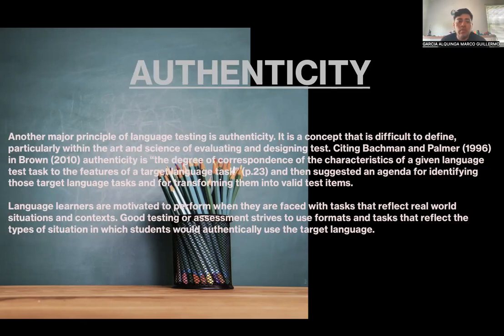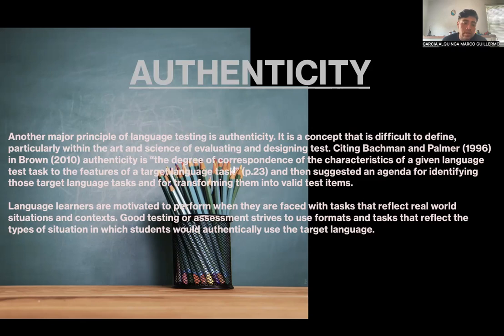Authenticity. Another major principle of language testing is authenticity. It is a concept that is difficult to define, particularly within the art and science of evaluating and designing tests. Citing Bachman and Palmer in 1996, Brown in 2010 said that authenticity is the degree of correspondence of the characteristics of a given language test task to the features of a target language task.